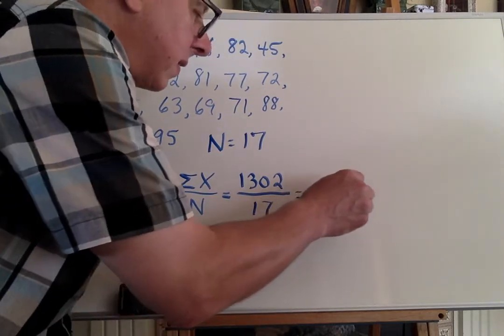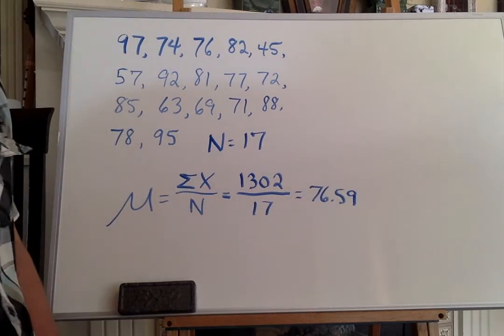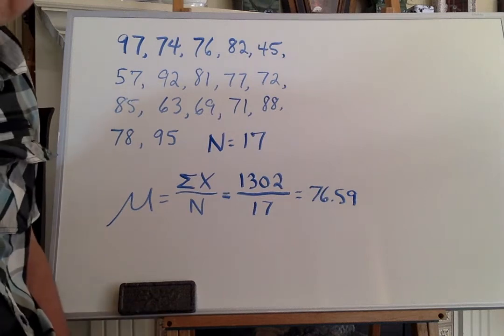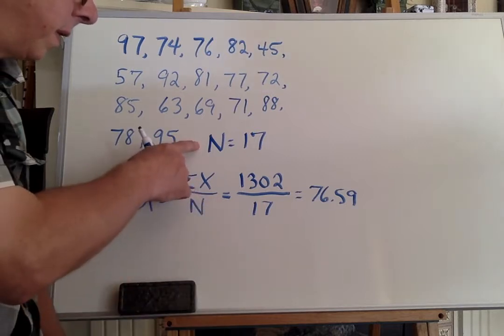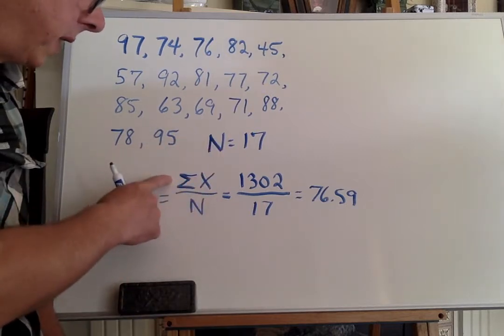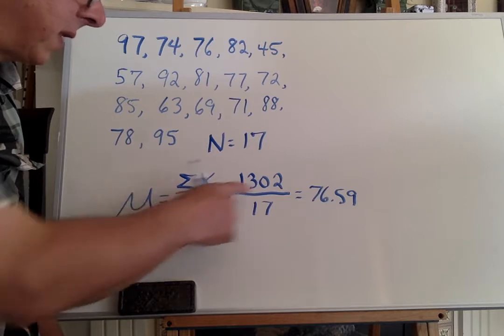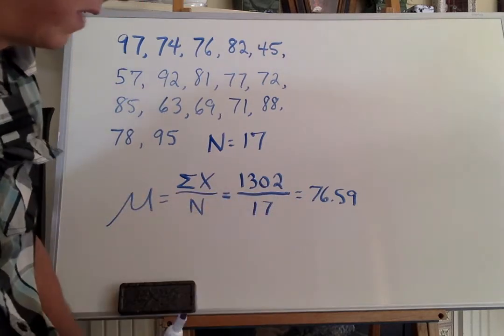So that means 76.59, okay? That becomes our mean. So pretty straightforward so far, right? We have 17 numbers, add those together, divide by 17, we get our mean of 76.59.